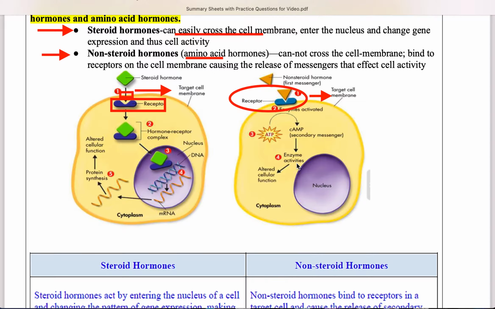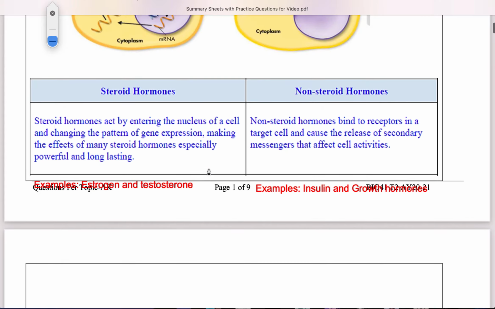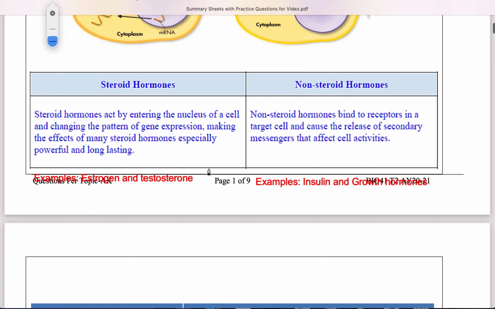What is common between both? They both need receptors, either in the cell or in the cell membrane. Now here we have this table. For example, we have steroid hormones. We discussed it already.